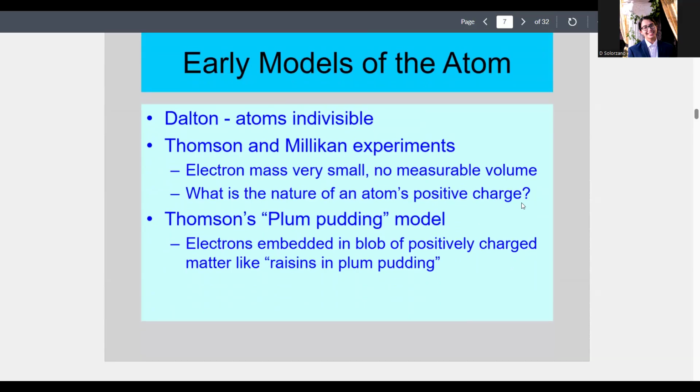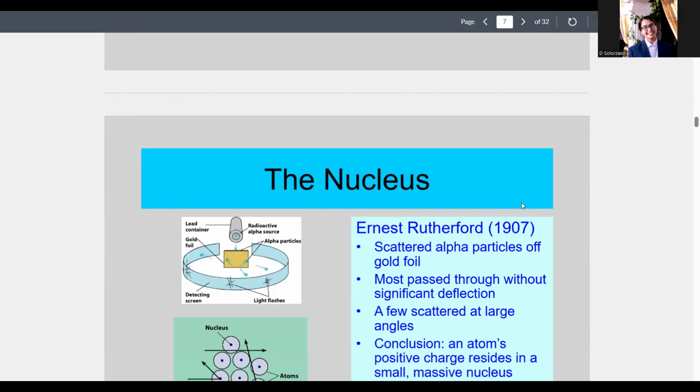Then, of course, there was like, well, then what is an atom? We've got that atoms are indivisible, and we've got that electrons are very small and have a very small mass and have some charge. But because the electrons are negatively charged and atoms are neutral, there must be some positively charged matter, which Thomson proposed being like pudding that surrounds the electrons.